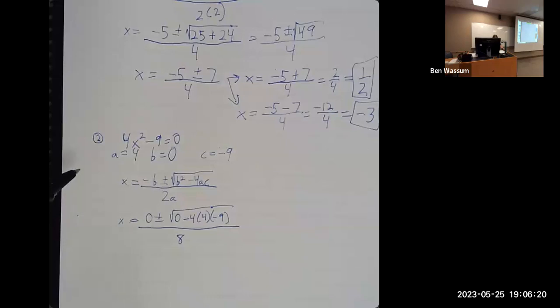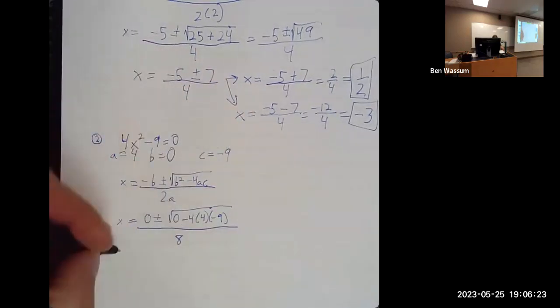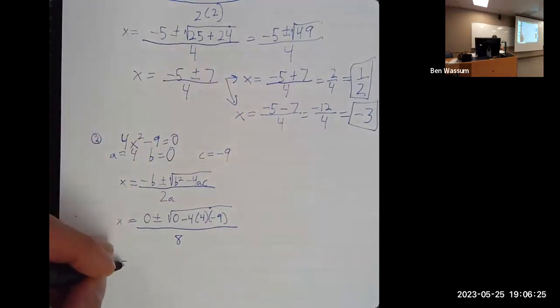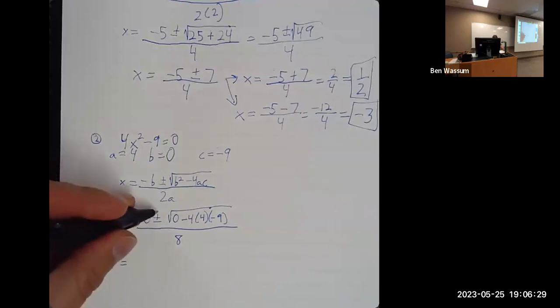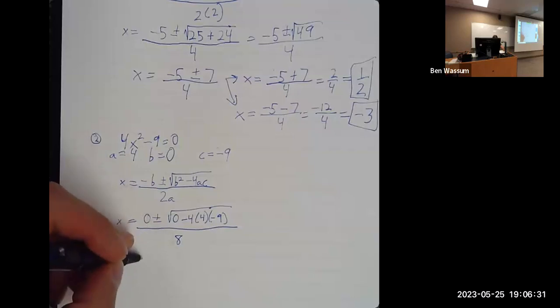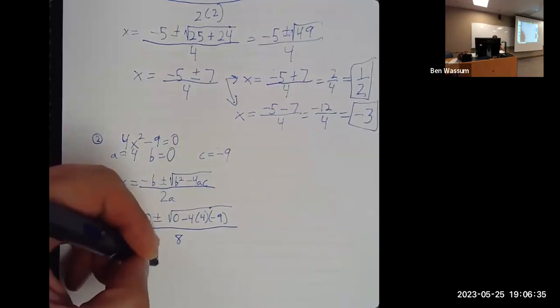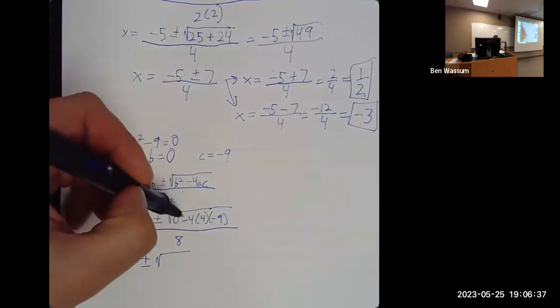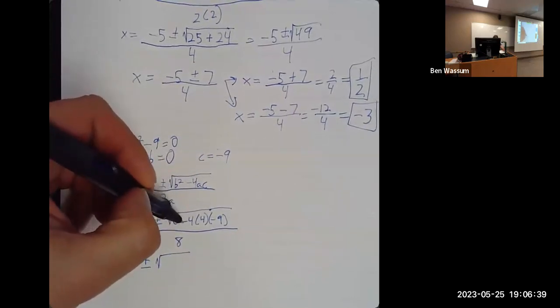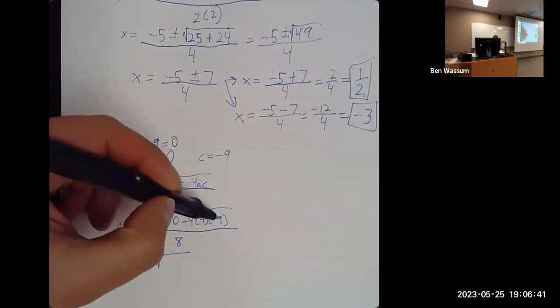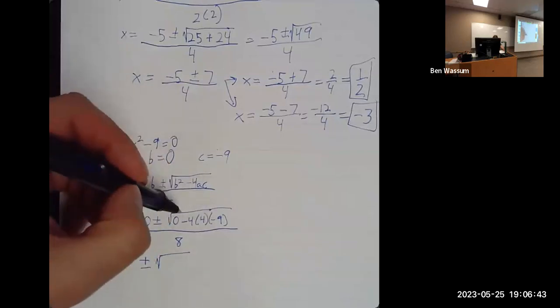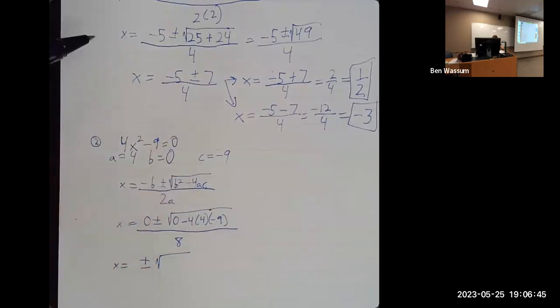And now we can clean it up. So we have nothing here, so I'm just going to lead with that plus or minus. Square root, well, we have nothing minus, and then something multiplied by a negative. So these 2 negatives are going to cancel each other out. This is going to end up being a positive number.